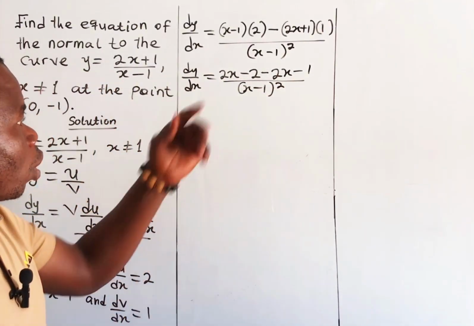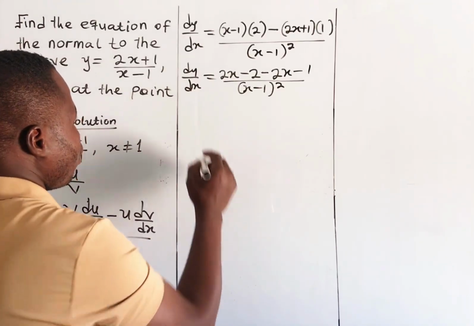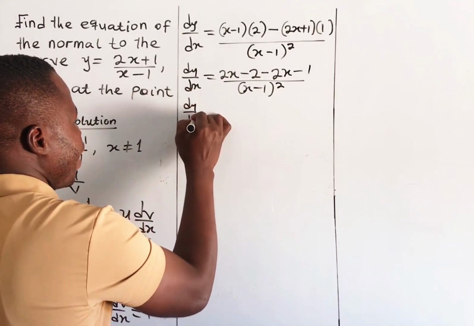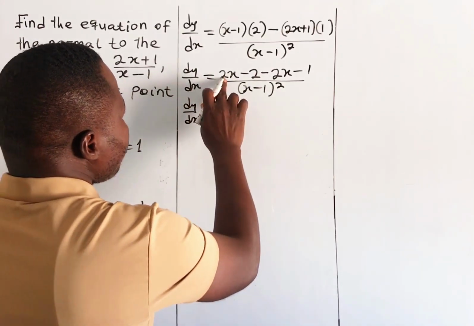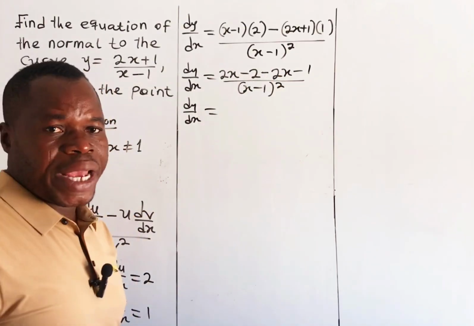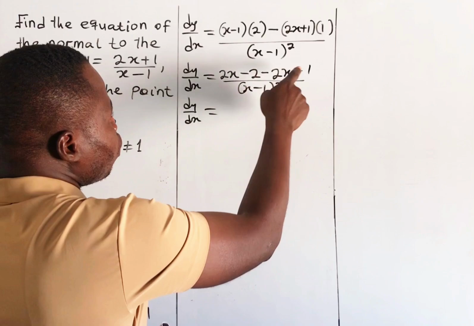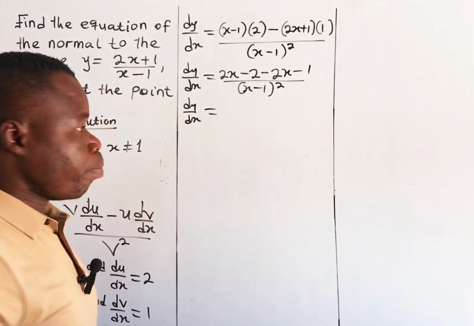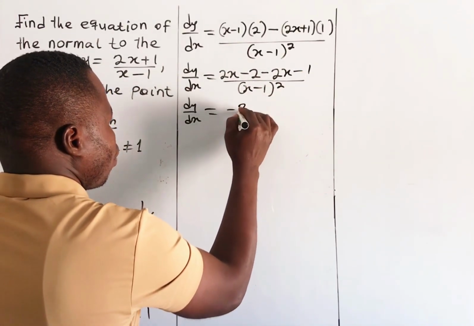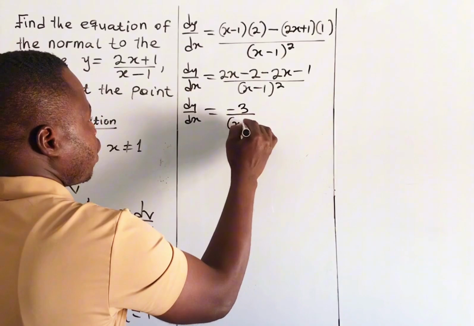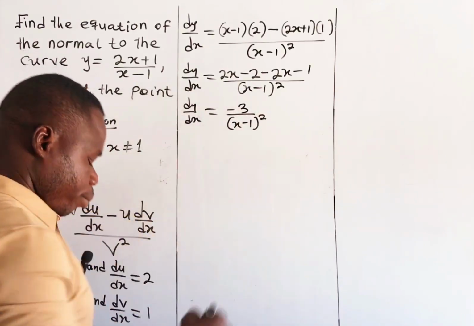I will continue to simplify the numerator. dy dx is equal to 2x minus 2x, which is 0, then minus 2 minus 1 is minus 3, all over x minus 1 all squared.